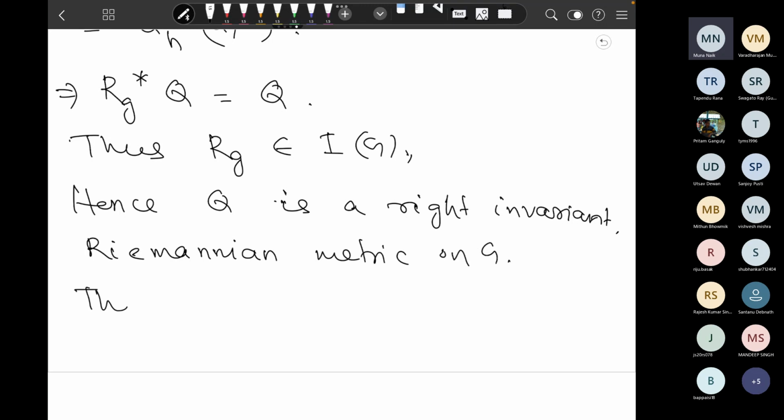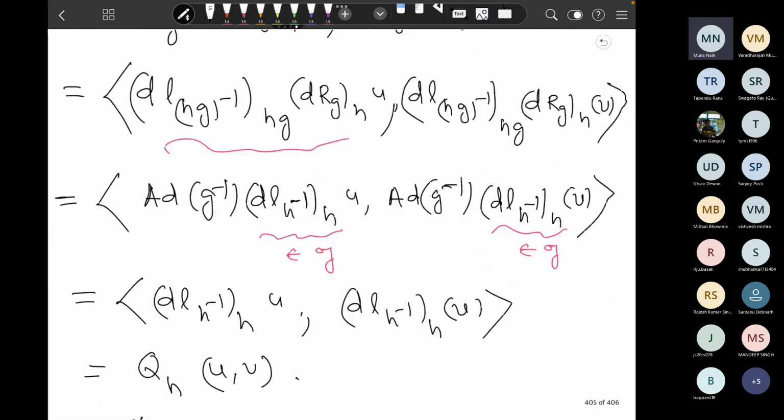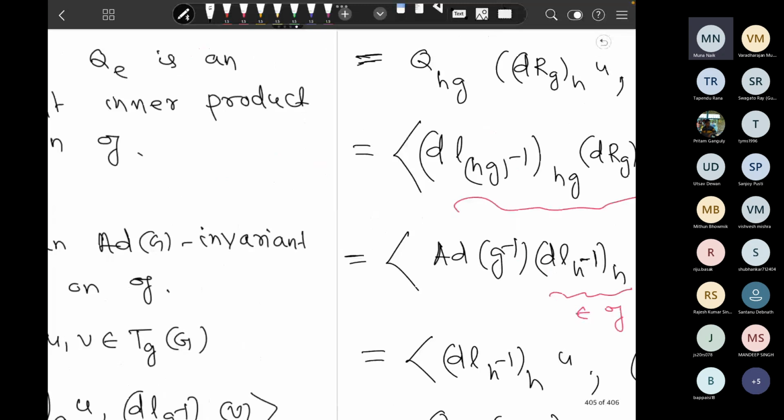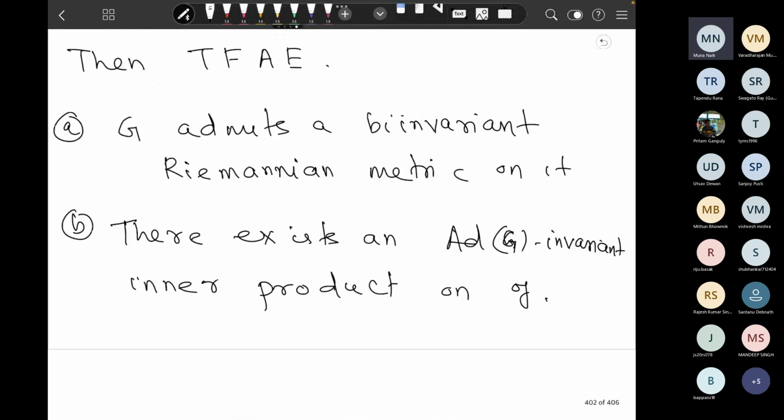So what did you prove? That in a connected Lie group G, it admits a bi-invariant metric if and only if there exists an Ad_G invariant inner product on the Lie algebra of G.